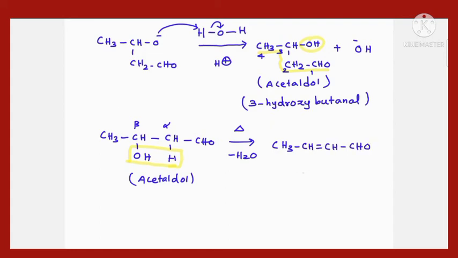You get an alpha beta unsaturated aldehyde, isn't it? This aldehyde is called crotonaldehyde, an aliphatic unsaturated aldehyde.